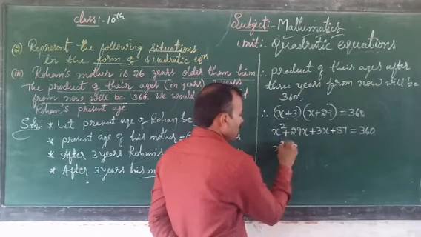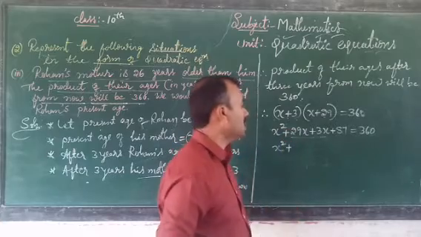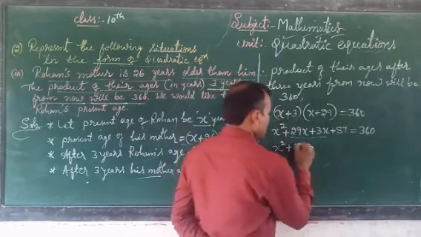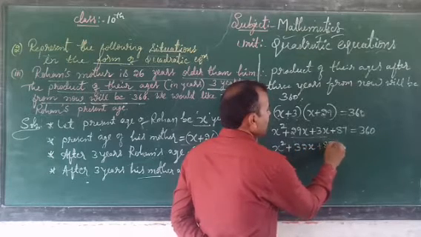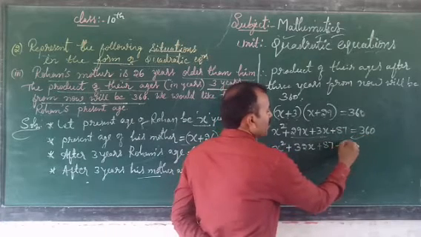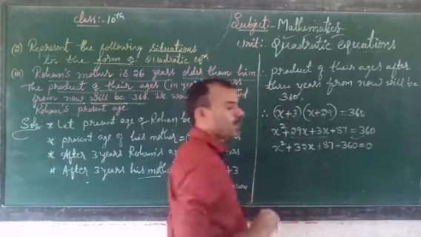Here x square plus 29x plus 3x, 32x. Yes, 32x plus 87. Transpose 360 to the LHS, it becomes minus 360, and the RHS is 0.